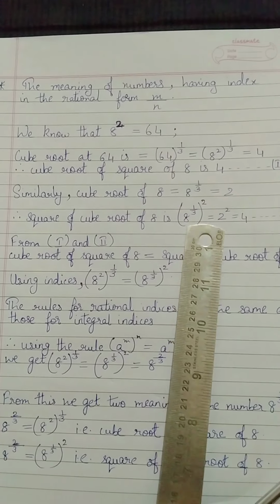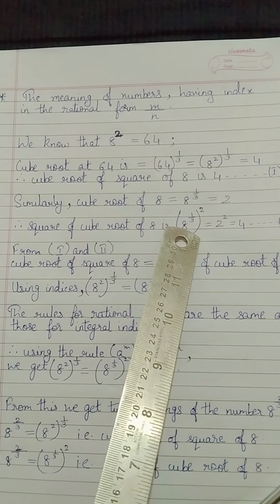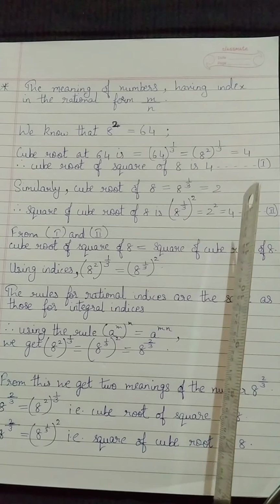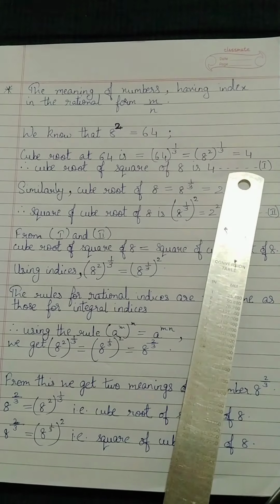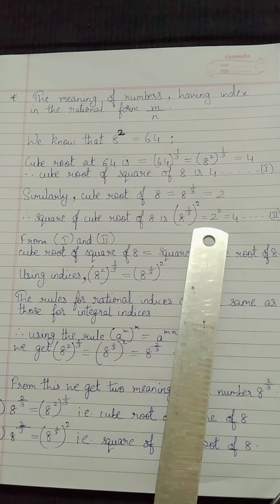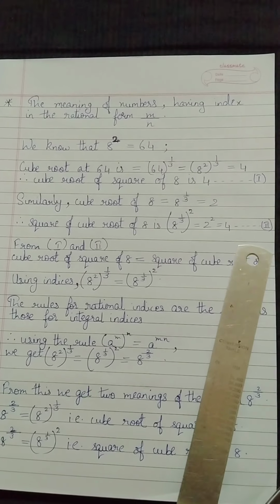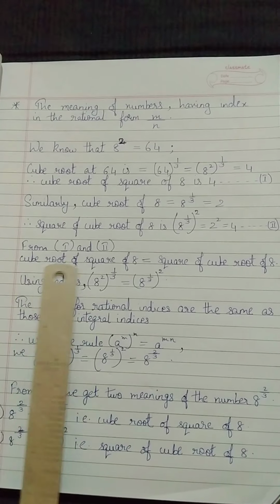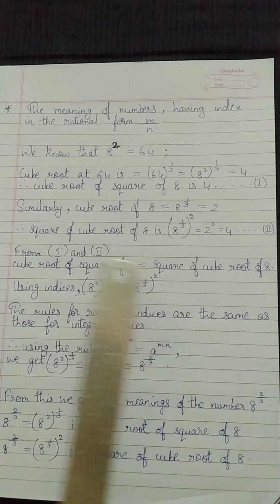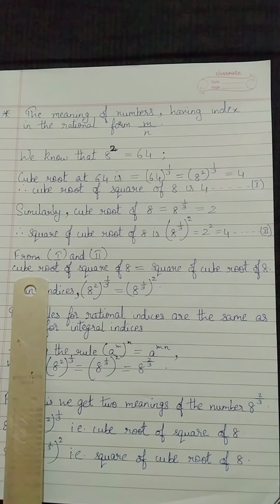Now 8 raised to 1 upon 3 is 2, and the square comes on this side, so 2 square, which is equal to 4. So now the first and second are also the same. So from 1 and 2, the cube root of the square of 8.